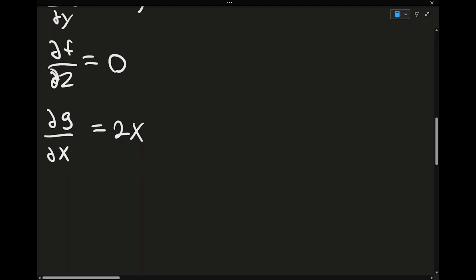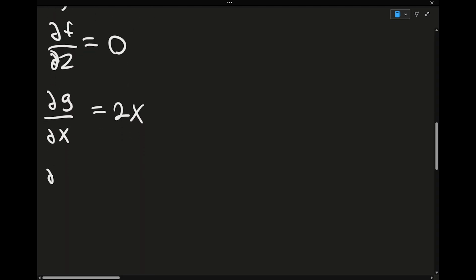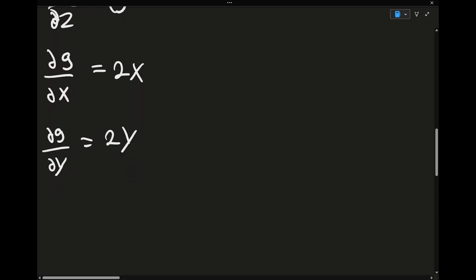We have our partial g partial y, which is equal to 2y. And we have our partial g partial z, which is equal to 2z.